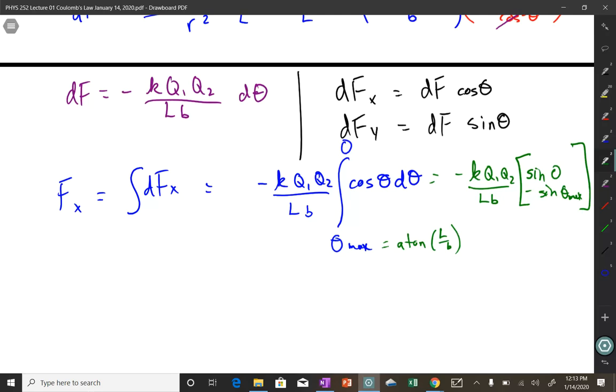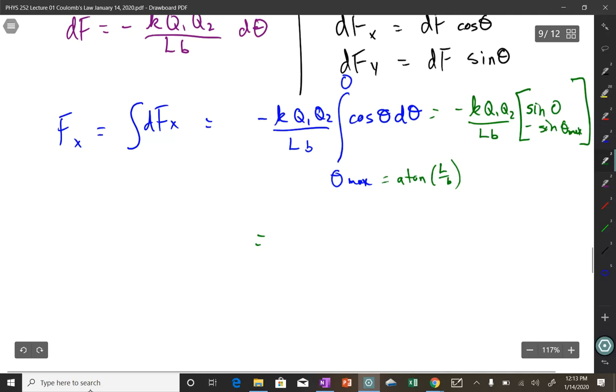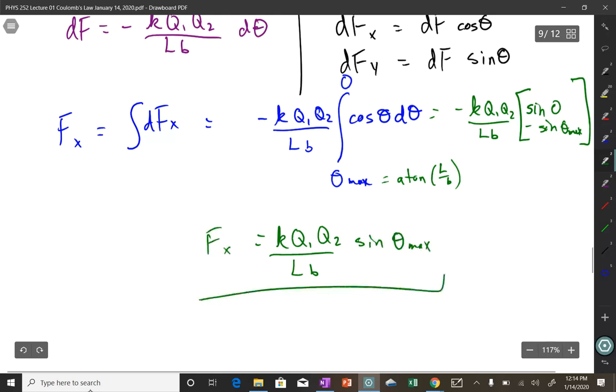Sine of 0 is 0. And so it turns out that that is just equal to positive k q1 q2 over LB times sine theta max.